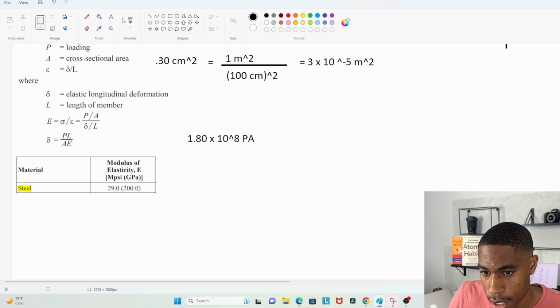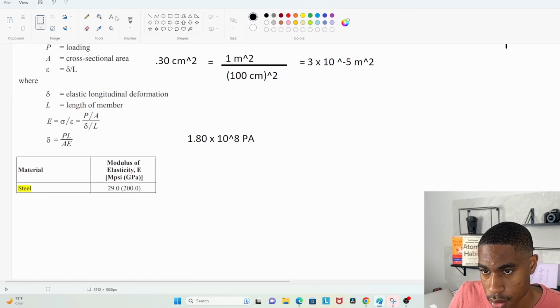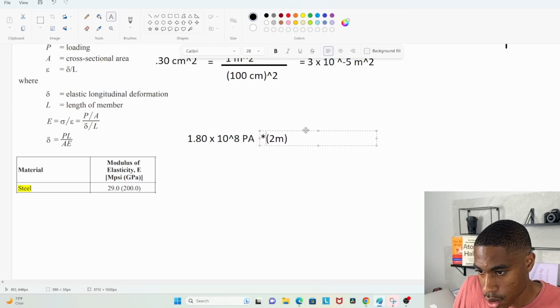What's our L? 2 meters. So I'll just say times 2 meters. What is our, so we got P, we got P over A, we have L. What is our E?